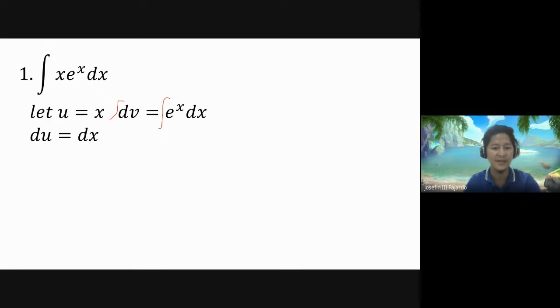So what will happen, guys? What will be the integral of dv? That will just be v, right? And then the integral of e to the x is also e to the x, so we have here. Okay, did you get this, guys?